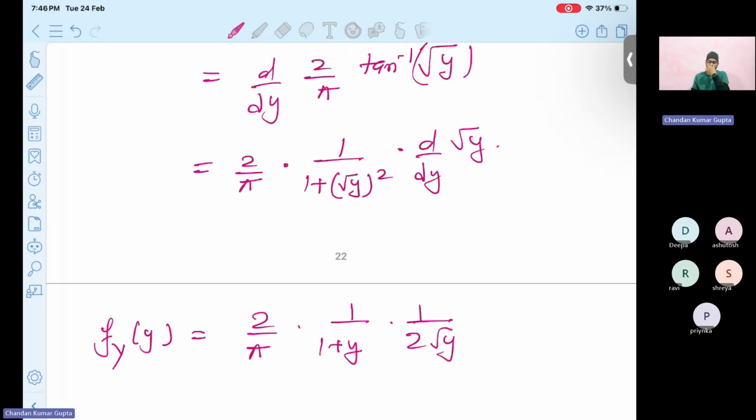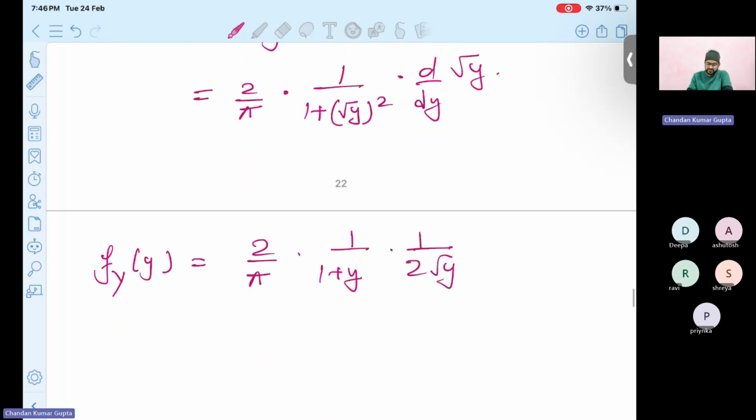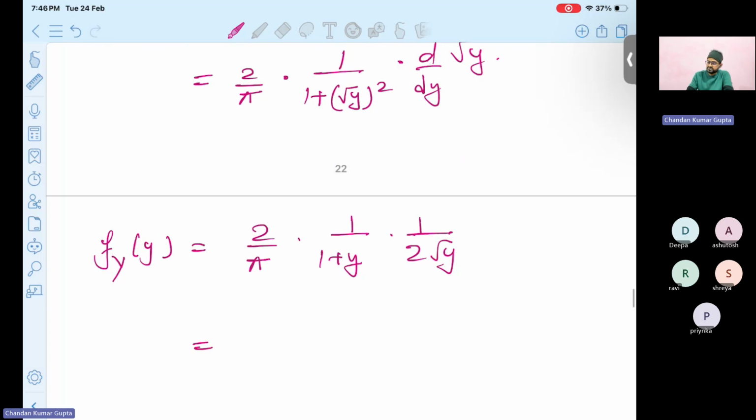The differentiation of root y is 1 upon 2 root y. Just simplify this, you may find 2 can be cancelled out. It's 1 upon pi, y to the power minus 1 by 2, and 1 plus y is there.